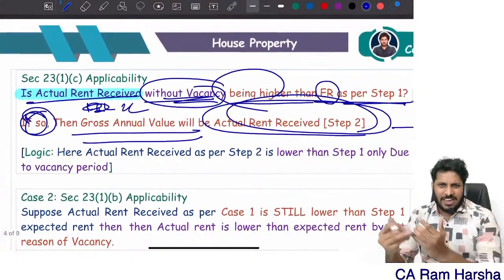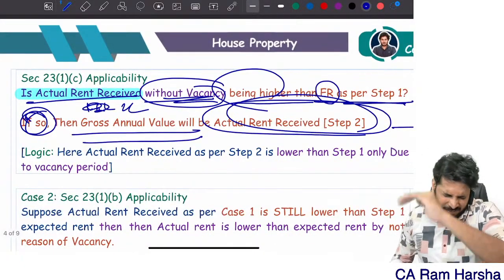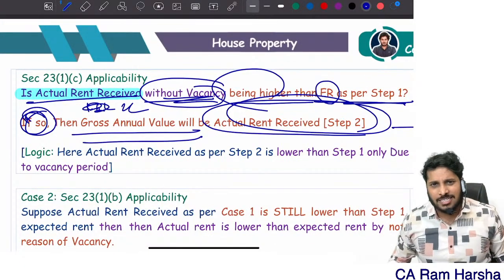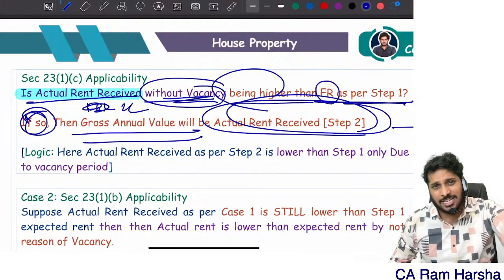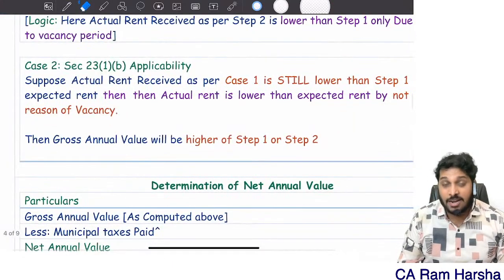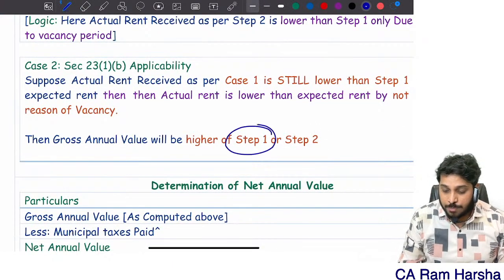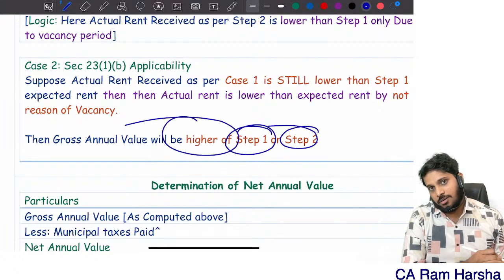Sir, whether vacancy is there or not, actual rent received is always less than expected. In that case, gross annual value will be actual or expected, whichever is higher.